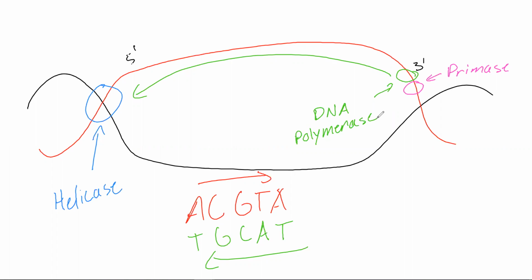But the bottom strand is going to need a lot of extra assistance, because when it goes from the 5' to 3' direction, helicase is still going only towards the left, right? And if helicase is only going towards the left, that means primase has to constantly jump back in. And I'll show this with a picture.